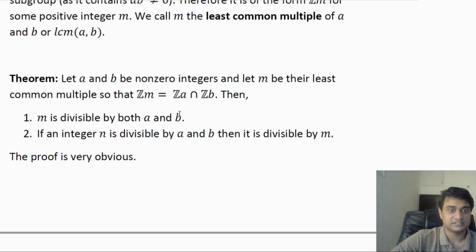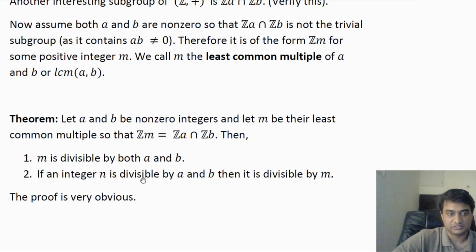Therefore n is in ZA intersection ZB. Since ZA intersection ZB equals ZM, n can be written as a multiple of M. ZM is the set of multiples of M, and n is in this set. So n is divisible by M. And that's the proof. It's quite an obvious proof.